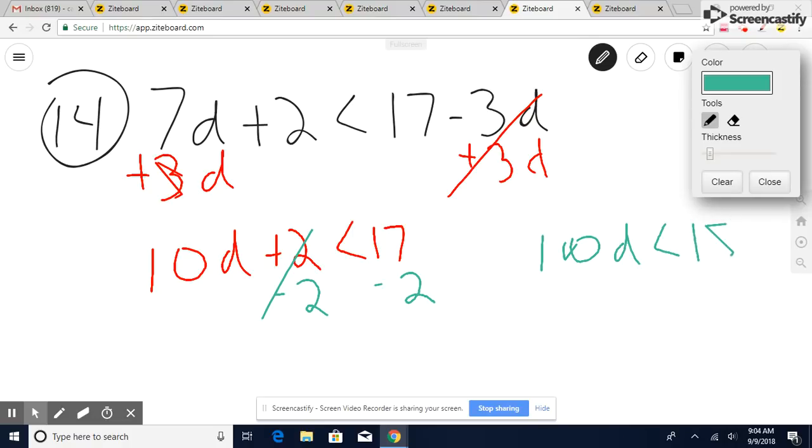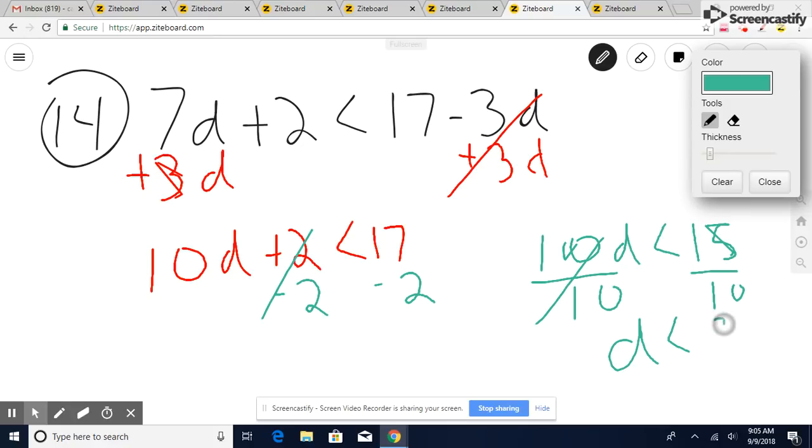I'm going to end up with a decimal or a fraction on this, okay? Divide by 10. Divide by 10. That cancels out. So I'm left with D is less than, and 5 goes into both of those.